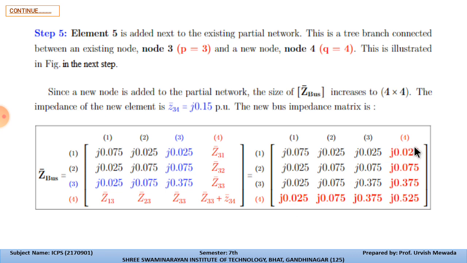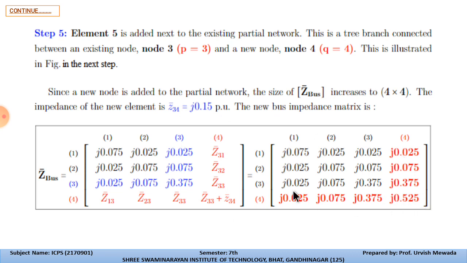So just place this value over here, and the second column vector, put the value over here, and third one is over here. But the diagonal element will become Z33 plus Z34. So just put the value of Z34 over here, so we'll get the value of diagonal element 0.0525.